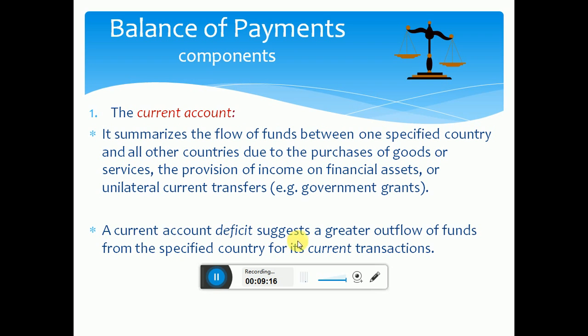A current account deficit suggests a greater outflow of funds from the specified country for its current transactions. So if the current account is in deficit, it suggests that more money is going out of the country.